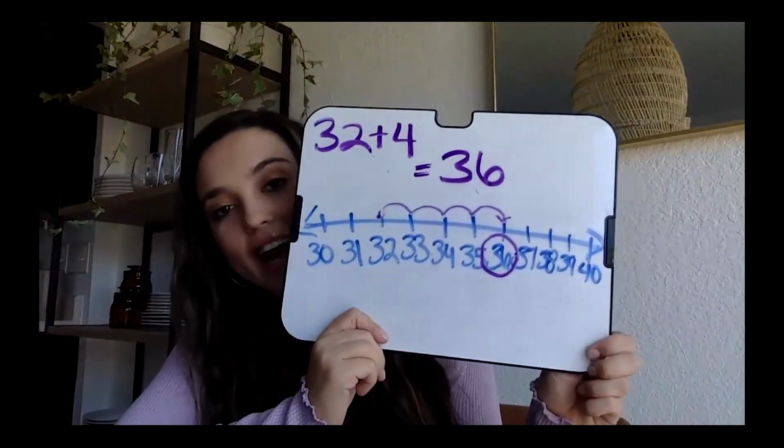Perfect. All right, so we have that answer right there. You guys are doing an awesome job. The key to figuring out this number line stuff is just practice. So keep practicing, and we will do a couple more here together.